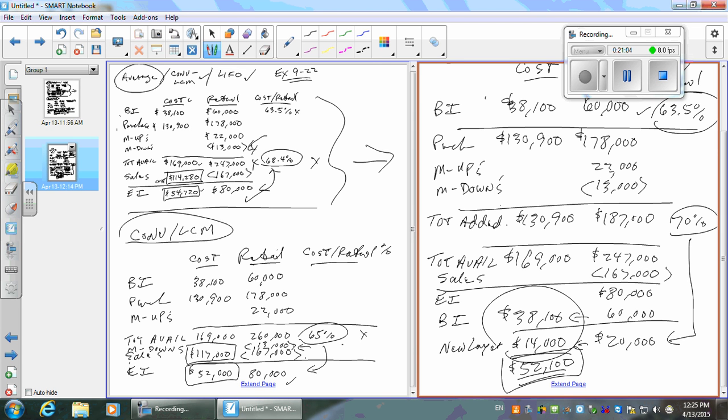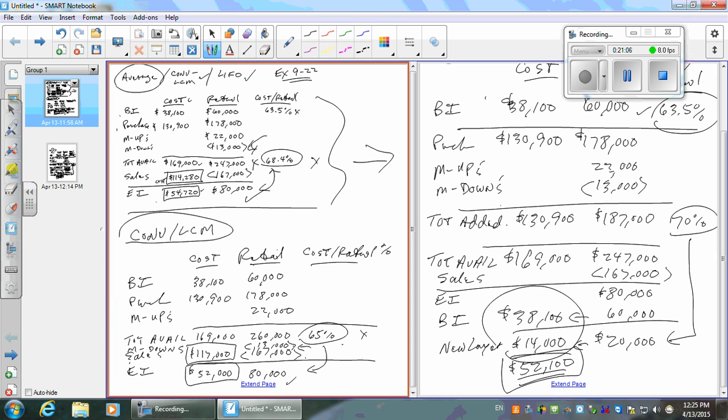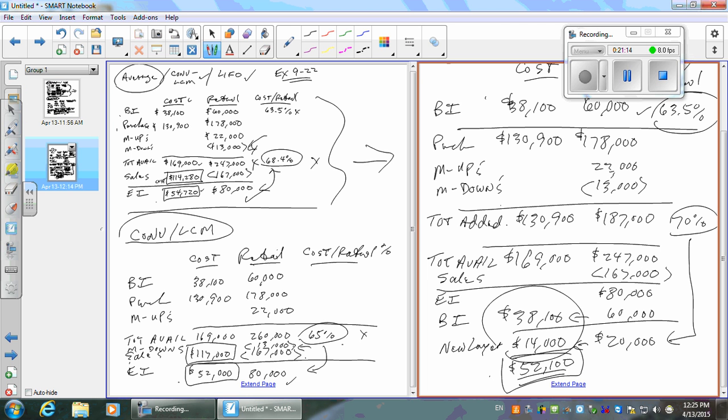So you can see the ending inventory is 54,720 if you use average. It's 52,000 if you use lower of cost or market, conventional, and it's 52,100 if you use LIFO. Okay? What would be my cost of goods sold now? What do I have? 169 available. 52,100 is my ending inventory, right?